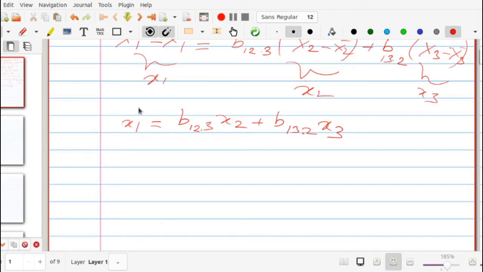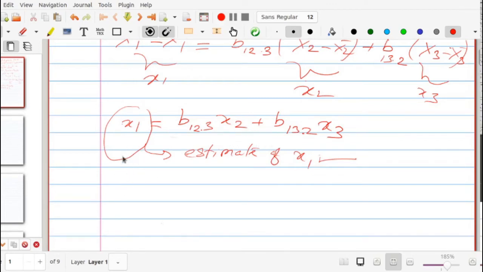Now this x1 is the estimate of x1, right? X1, as I said, is the distance from the mean or the difference from the mean, which is an observed value, but this x1 is an estimate of the observed value.